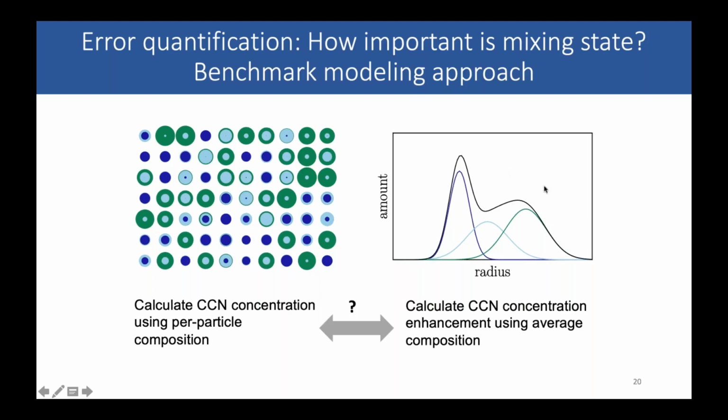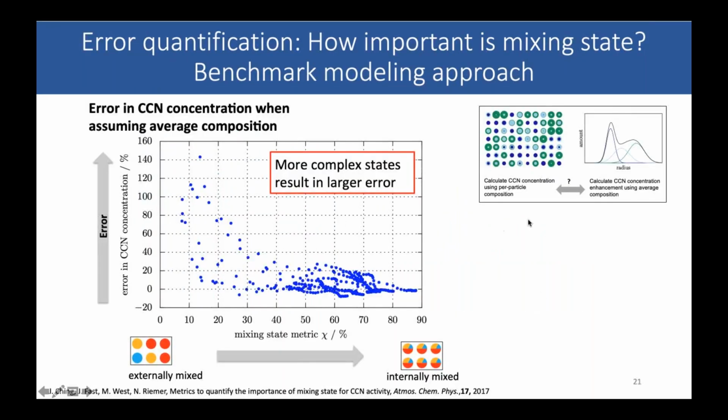Then we can compare this with results from a more simplified model and see how well they agree. It has been shown in our studies and other people's studies as well that as we go to a more externally mixed aerosol population, assuming an internal mixture leads to quite large errors here.